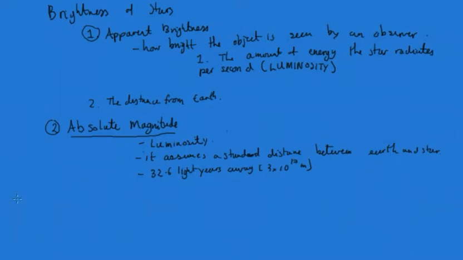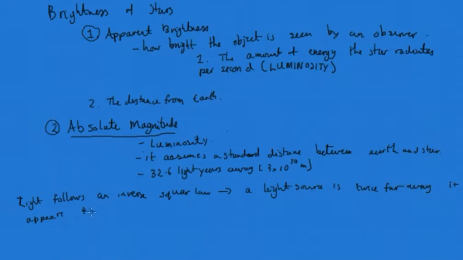Light follows an inverse square law, which means if a light source is twice as far away, it appears 4 times less bright.